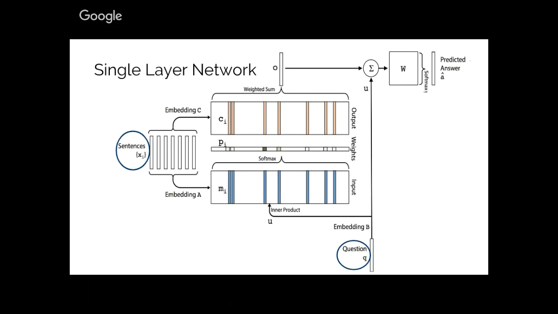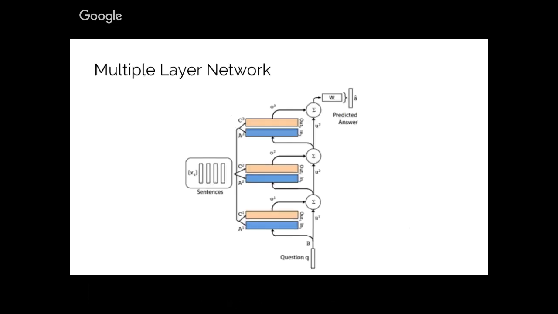So this is actually a single layer network. We also have a multiple layer version, in which the same output of the given sentences is going to hop around, and the same input is going to be passed to a similar level of information, the input layer and the same output layer.